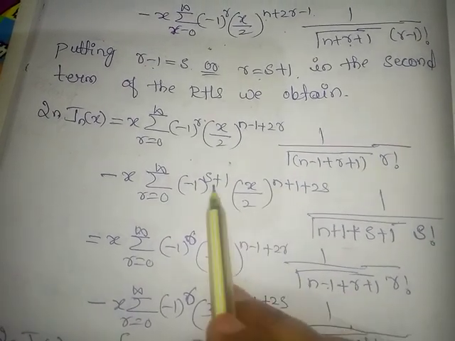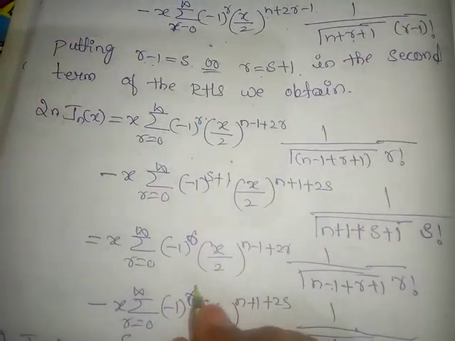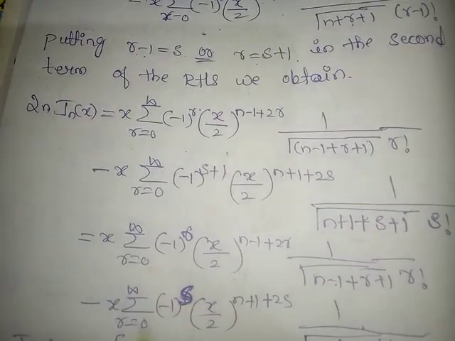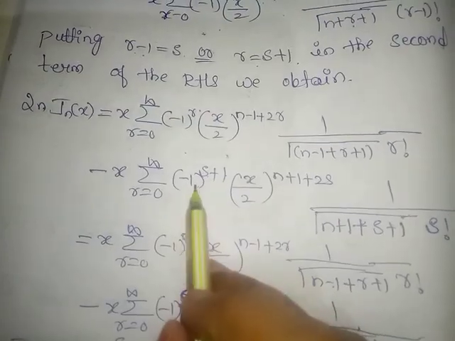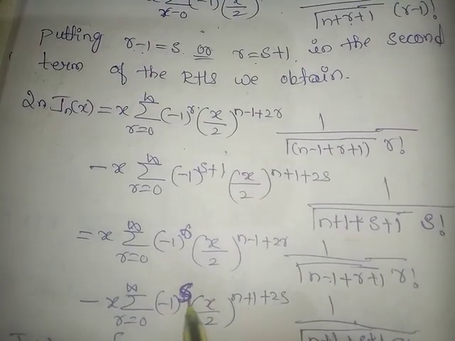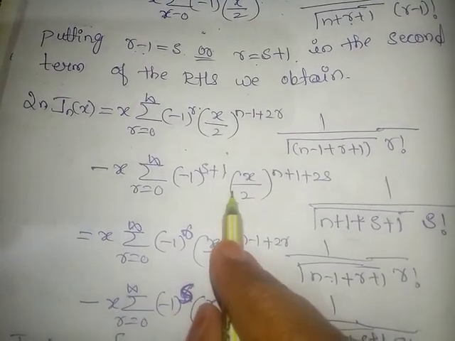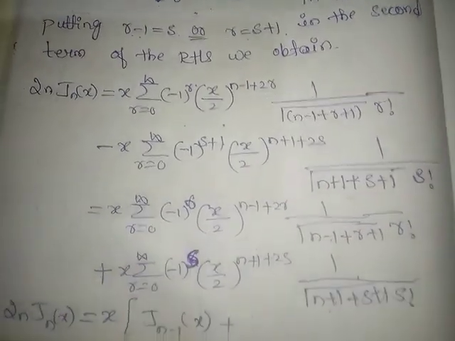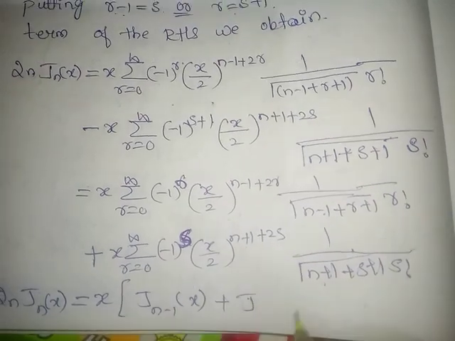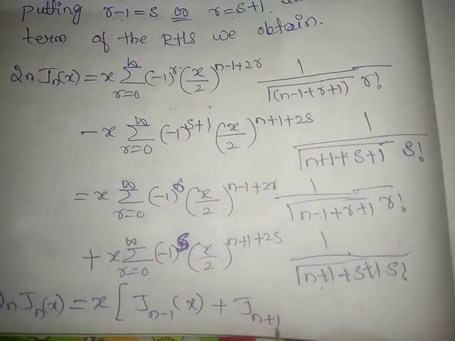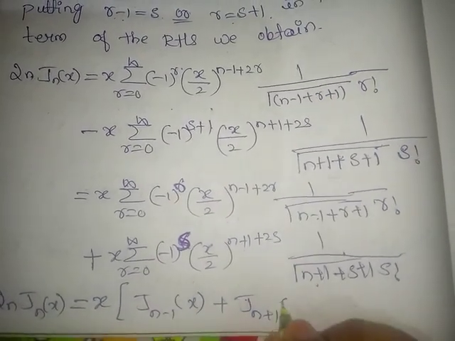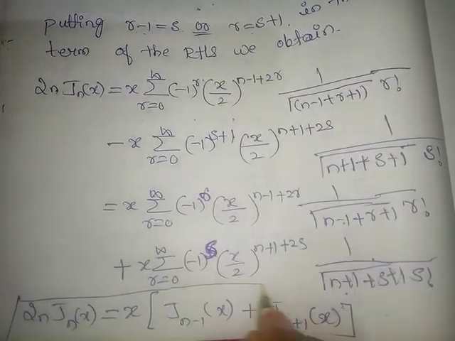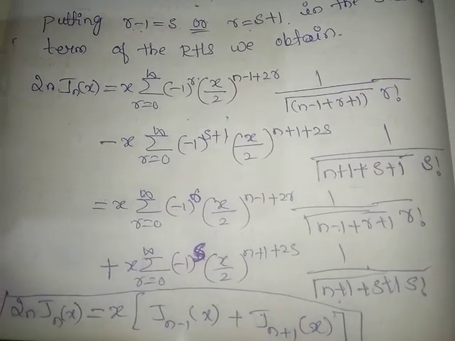Here we have s plus 1, so in the next term I will take only s, in terms of s. Here we have minus 1 raised to s plus 1, which is minus 1 raised to s times minus 1. Minus into minus is plus. Therefore plus Jn plus 1 of x. This is our required result.